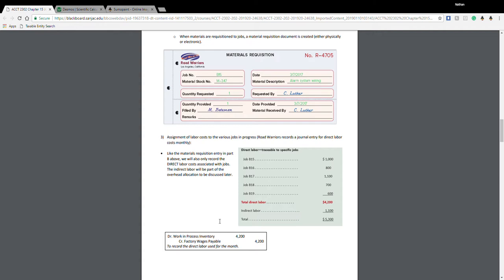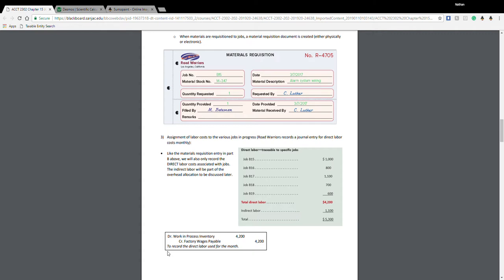When we know this, we can put the assembly line workers all into direct labor, and we simply told everyone that we know we can trace, and then we're going to do our journal entry again to work in process. So our WIP account is going to be debited, and then our credit account this time is factory wages payable.